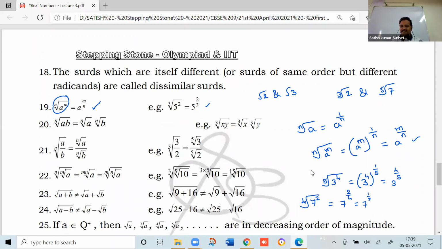And 7 to the power of 1 by 2, again in the surd form, what should I write? Root 7. The 2 is not necessary to write. Whenever it is a square root, this 2 is not required. You can just write root 7.